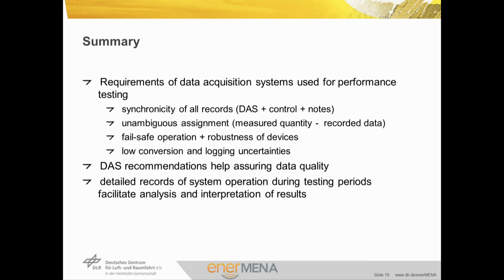A number of best practice guidelines describing typical procedures and recommendations for data acquisition help assuring data quality. Furthermore, detailed records of system operation during testing periods are vital for the analysis and interpretation of test results at a later stage, especially if these are carried out by a different person than the one who did the testing.